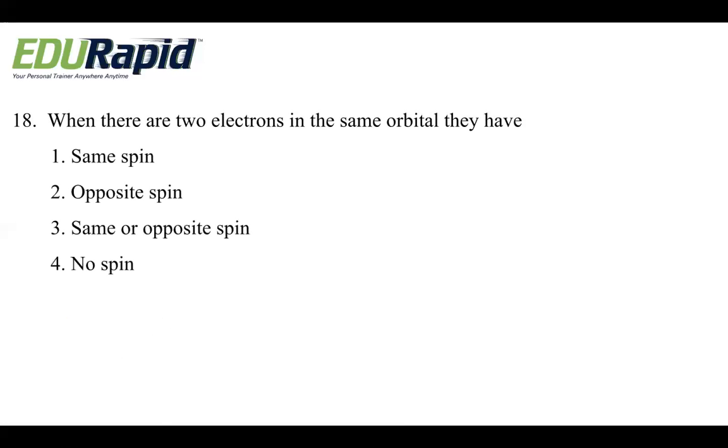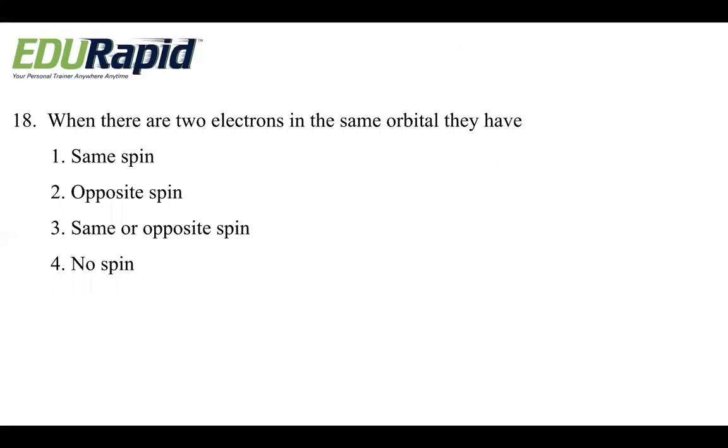When there are 2 electrons in the same orbital, how are they arranged? Are they of the same spin, of opposite spin, or do they not spin at all?